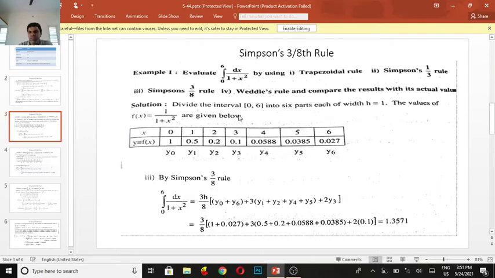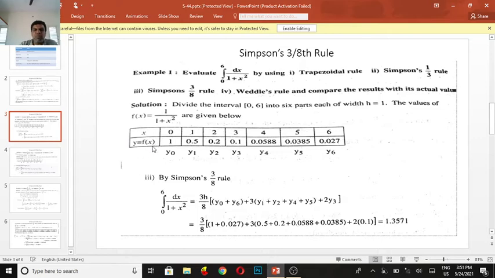Divide the interval 0 to 6 into 6 equal parts. Each width is 1, so h is 1. The values of f(x) equal to 1 by (1 plus x squared) are given below, with x equal to 0, 1, 2, 3, 4, 5, 6.